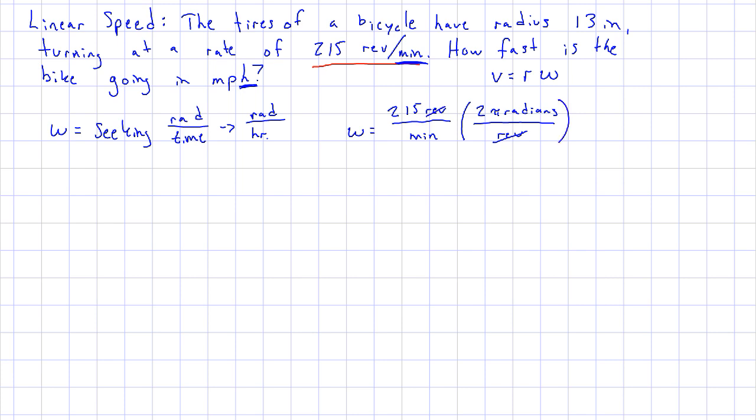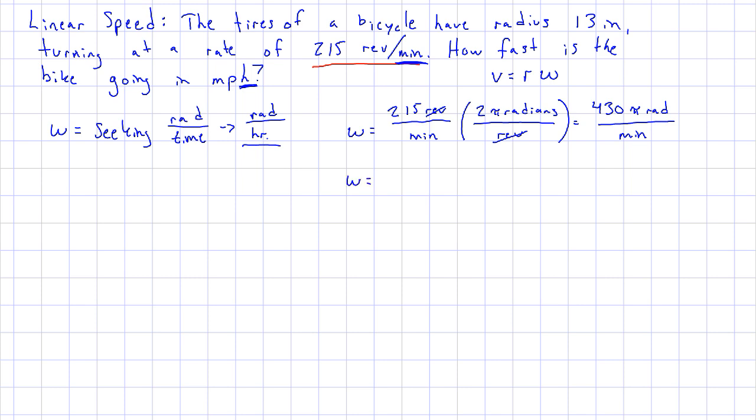My revolutions cancel. I end up with 430 pi radians per minute. Now, I'm going to leave the pi there. I don't ever like to introduce rounding errors, so I don't use a decimal approximation for pi until I reach the very end. Now I have radians per minute, but I really want radians per hour, as I said in my problem statement here. So let's continue.